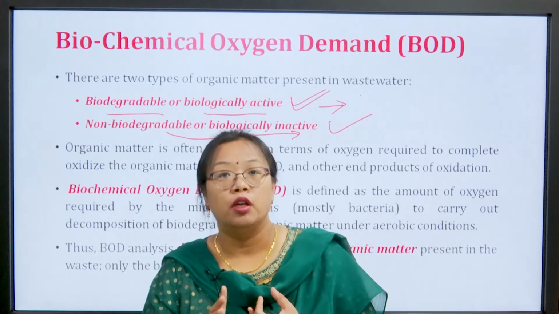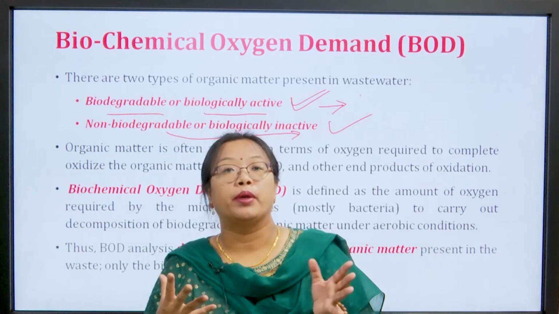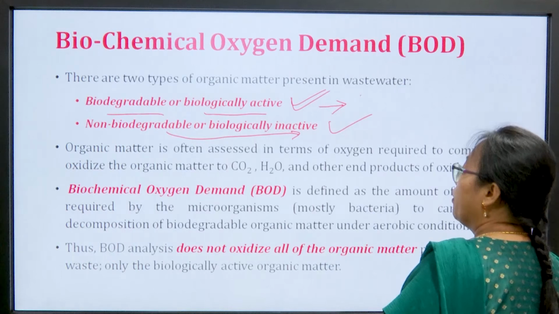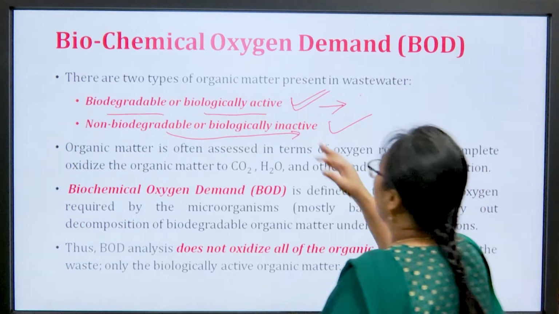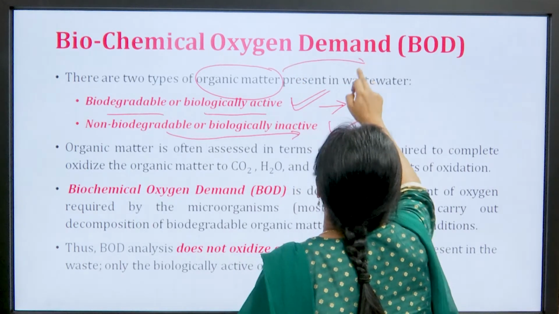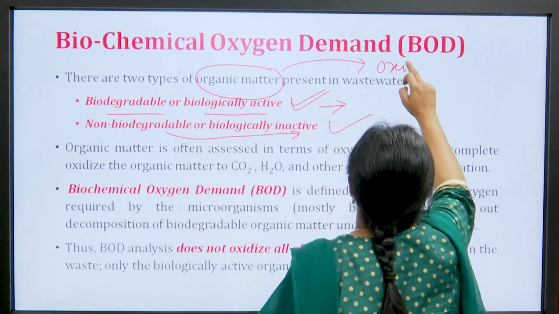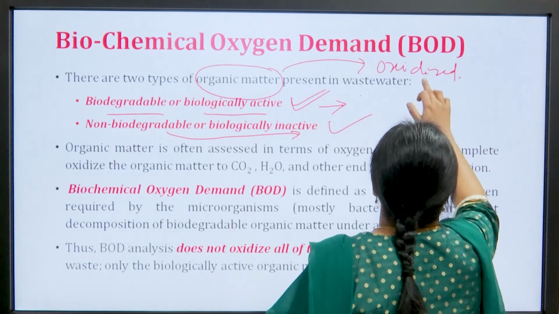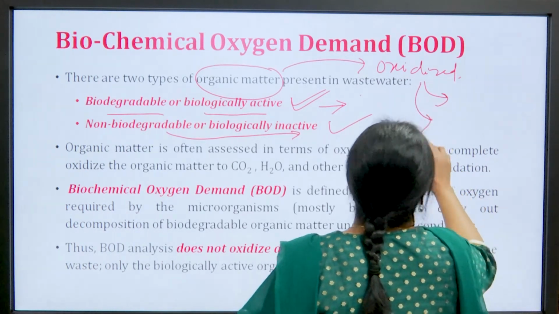Okay. So, what is biochemical oxygen demand or BOD? Organic matter. So, what is going to happen? This organic matter is going to be oxidized. Okay. Now, this oxidation can be done in two ways.